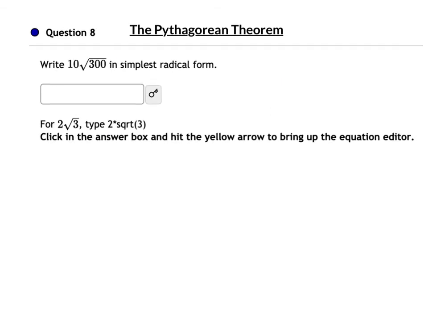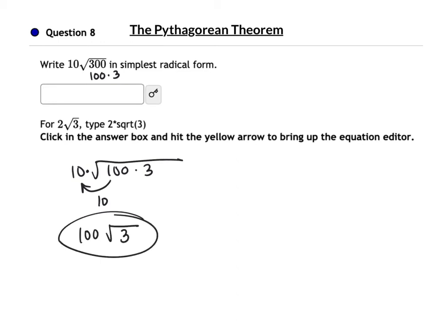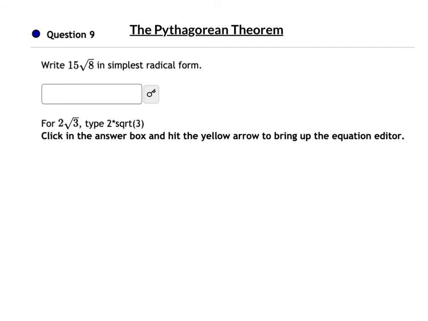This next one's a little easier because 300 is 100 times 3. Rewrite this as 100 times 3 for 300. The square root of 100 is 10. That 10 goes out front. There's times right here. 10 times 10 is 100. 100 root 3 then is my answer. 15 root 8.